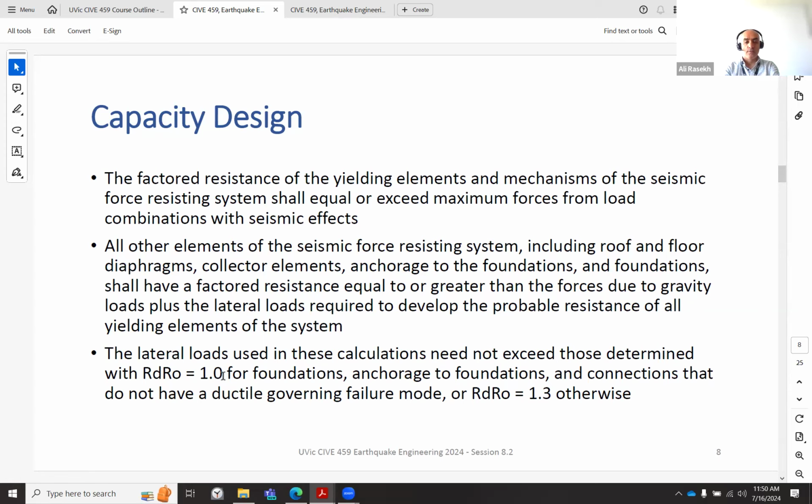In fact, for some members, the upper limit would be having a super small reduction factor. In practice, I have seen that to capacity protect certain members, you increase the load and then it skyrockets. Here it says increase the load, but there is a ceiling for that increase. So just have this paragraph in your mind.